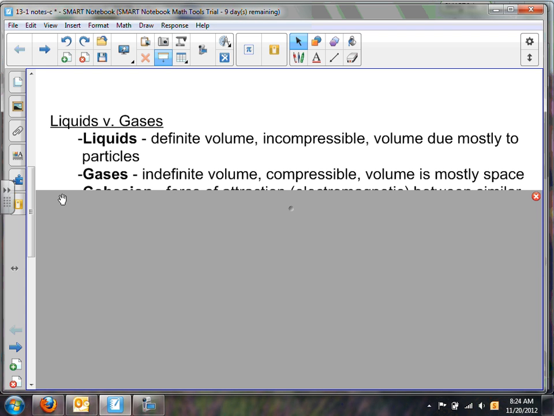Gases have indefinite volume, so their volume is going to change based on whatever container they're in. They're compressible because the volume is mostly empty space.